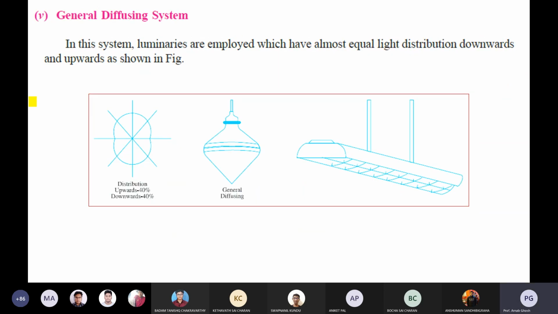General diffusing system, so you can see the structure of how it will look. So 40% upward, 40% downward, 50-50 more or less, and you can see the general diffusion. So lamps are there, some portion of the lamp is covered, and the rest is uncovered.